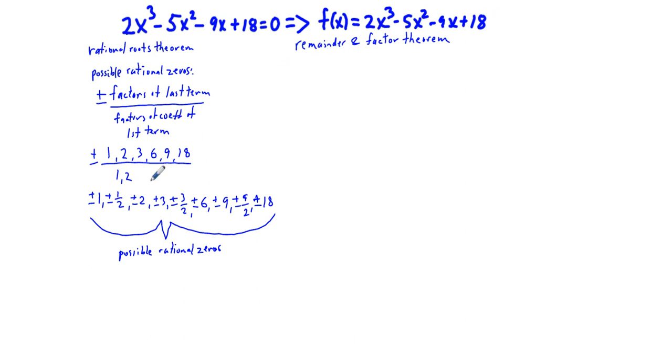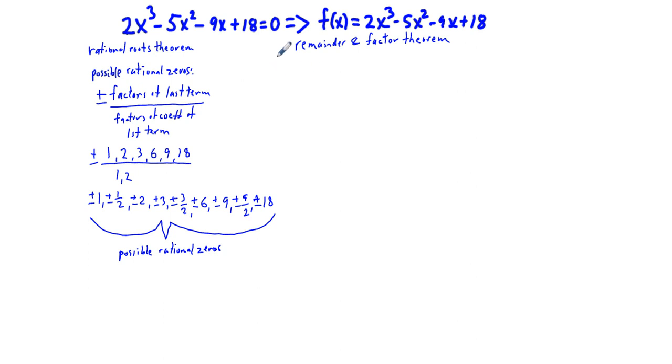So we're going to test the easier ones. The best way to do this, I've found, is to take the smaller numbers and not the fractions initially. You may come up with a fraction as a zero, but the analysis will be better served by taking your smaller numbers, usually plus or minus 1.